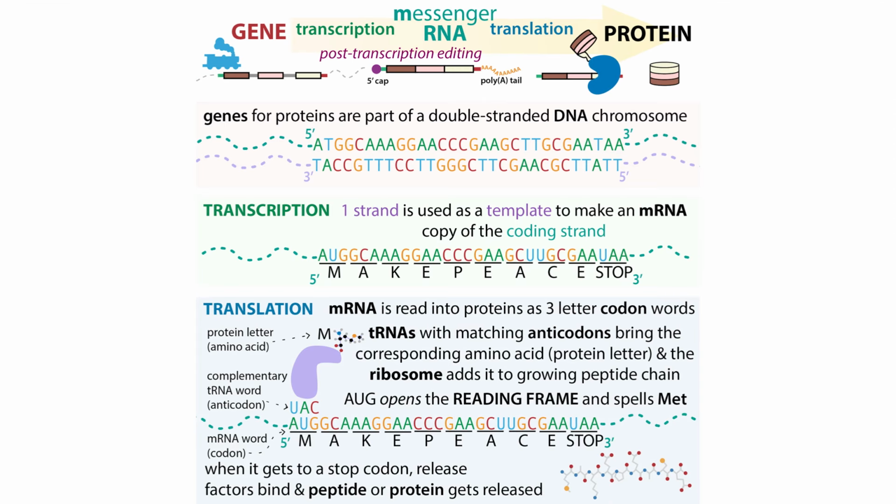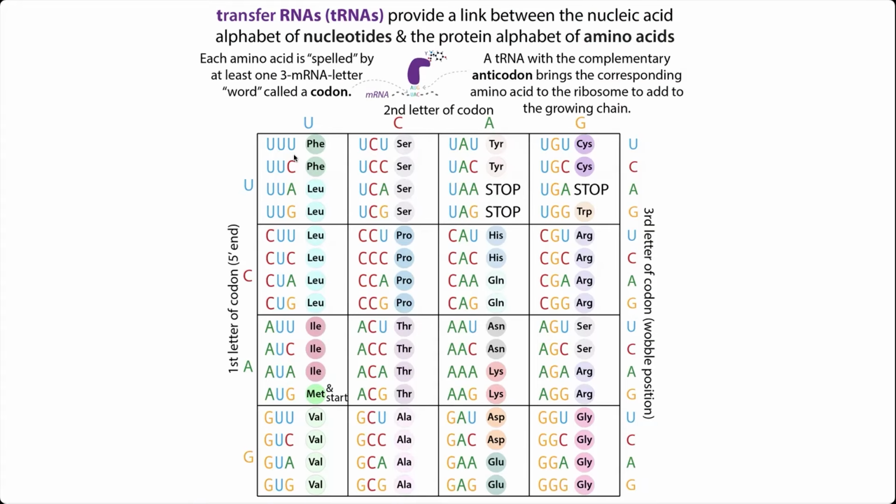In the process of making a protein, the ribosome, the protein making machinery, knows what sequence to put things in because it's following the instructions in the messenger RNA. The instructions come in the form of codons, these three-letter words, and transfer RNAs that are complementary to those words come with the corresponding amino acid, and the ribosome puts that into the chain.